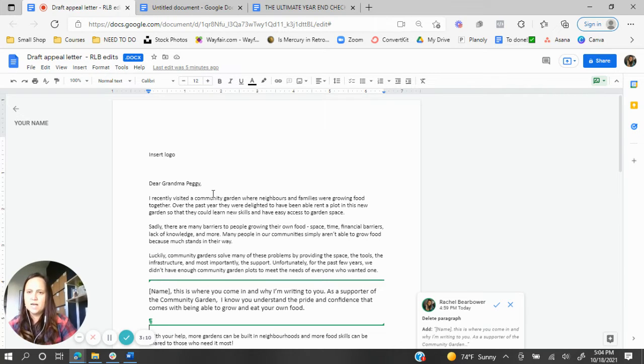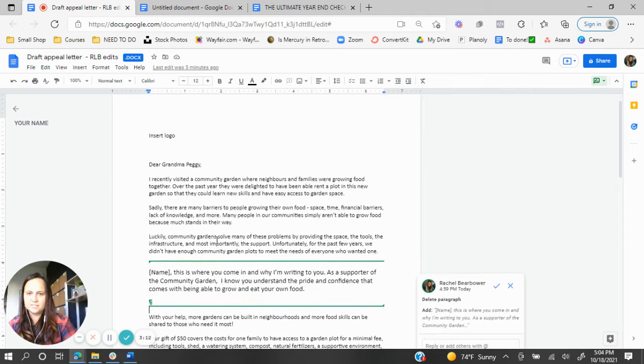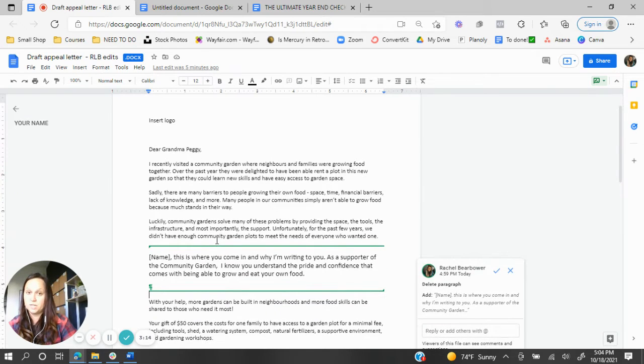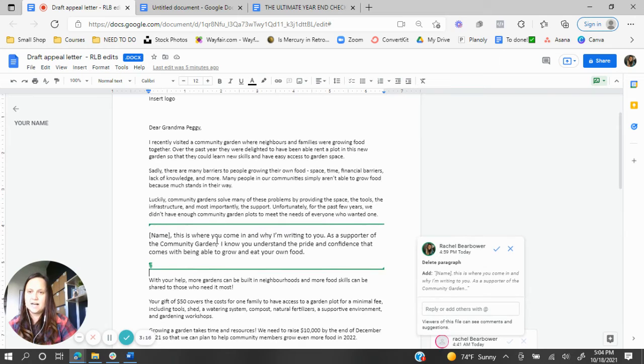Okay, so this letter is for a community garden, and the organization does a good job of talking about what some of the struggles are and what the barriers are. There are many barriers to people growing their own food: space, time, financial barriers.